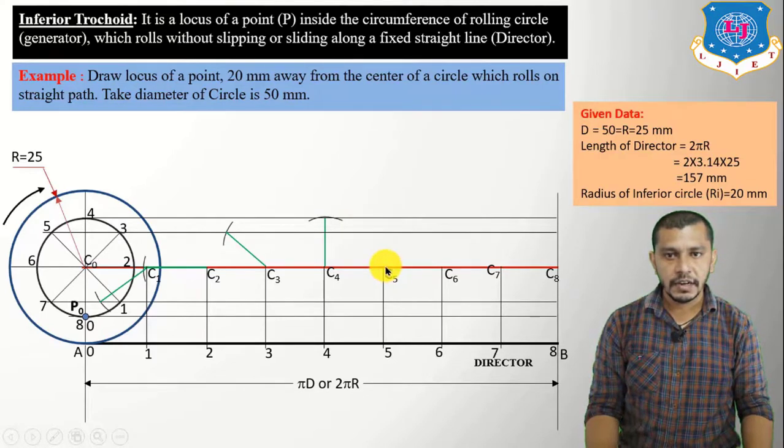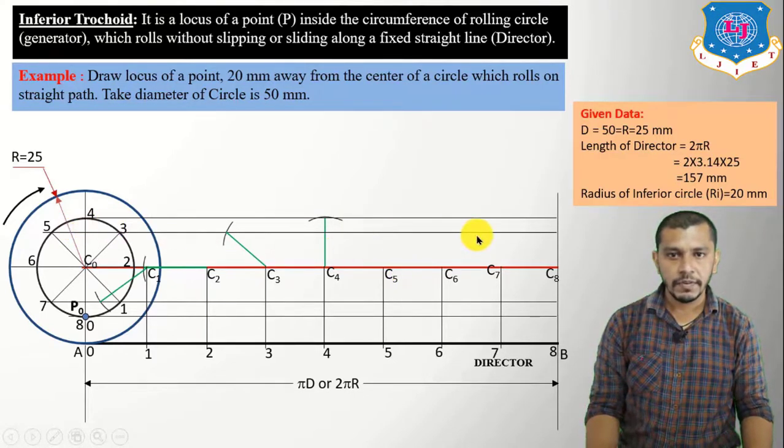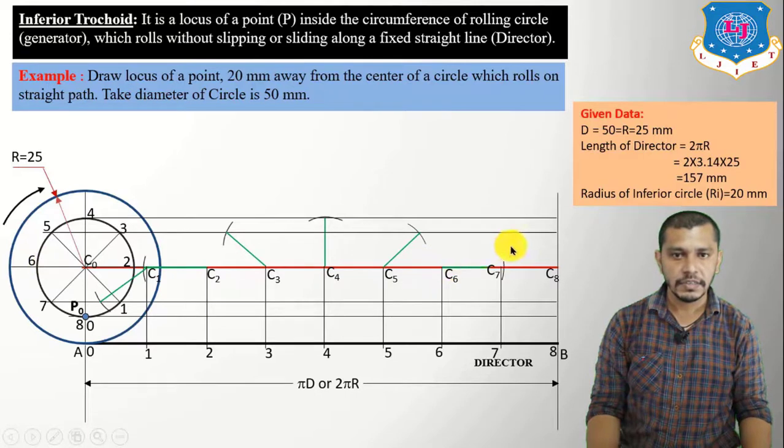Take C5 as the center, give an arc on the line passing from the fifth division. Take center at C6, give an arc on the line passing from the sixth division. Take center at C7 and give an arc on the line passing from the seventh division. And from C8 we will get the point exactly over here.